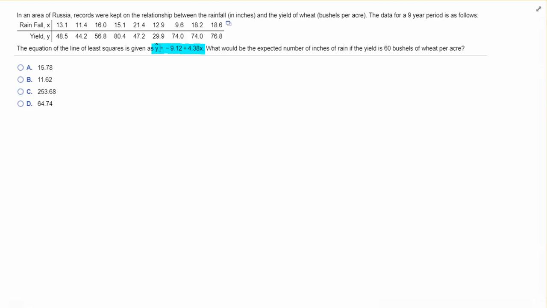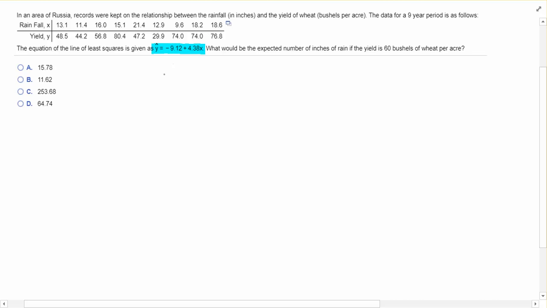Okay, so when this question asks what would the expected number of inches of rain be if the yield is 60 bushels of wheat, we can in a sense work backwards in the problem. So let's start by writing down what we have here.